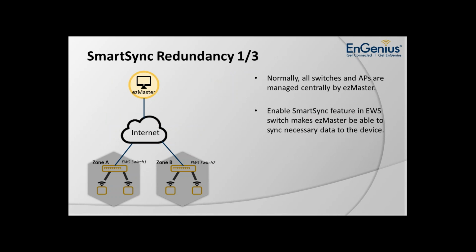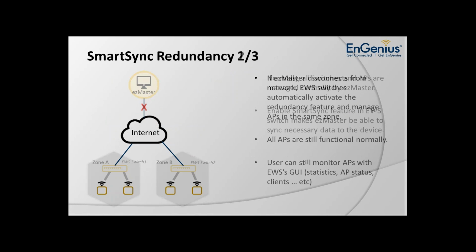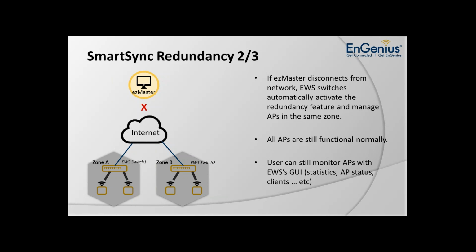In case you want to know what smart sync redundancy is, just a very short slide here. Normally, all switches and access points are managed centrally by the ezMaster, and you have to enable the smart sync. And if something happens, for instance, if the ezMaster disconnects from the network or the internet, depending on how your setup is, the EWS switches automatically activate the redundancy feature and manage access points in the same zone.